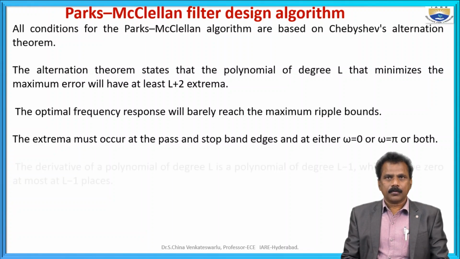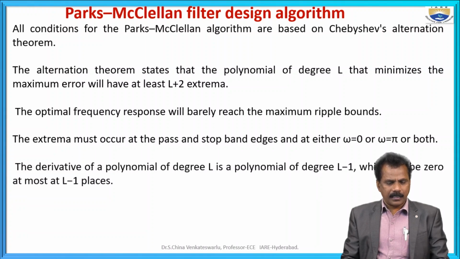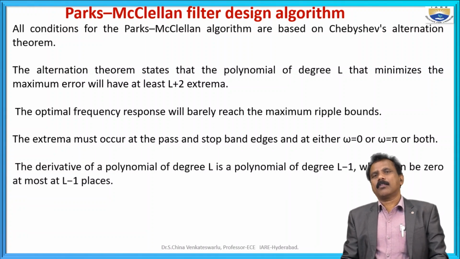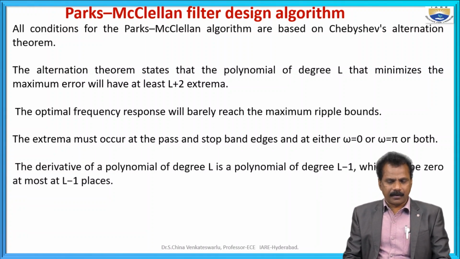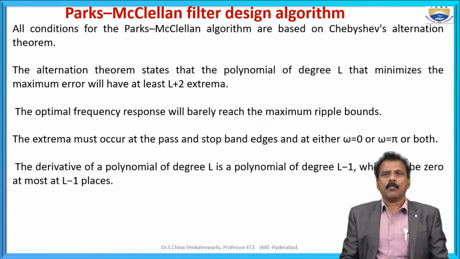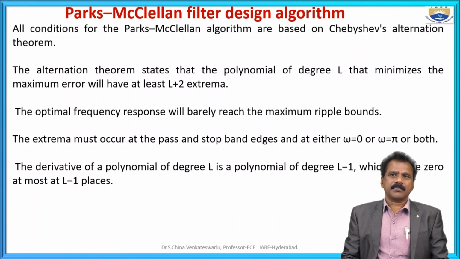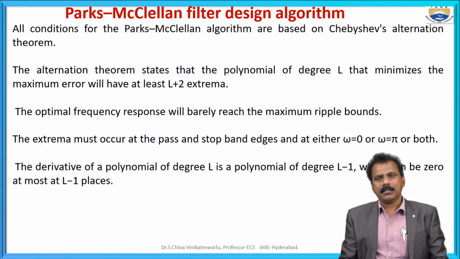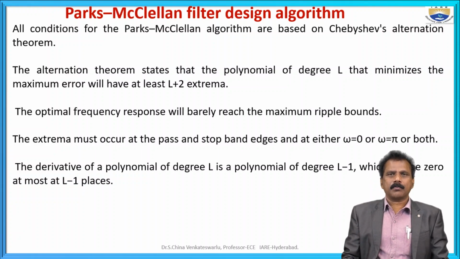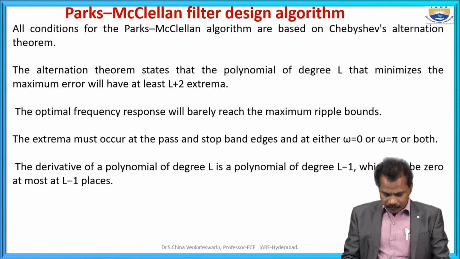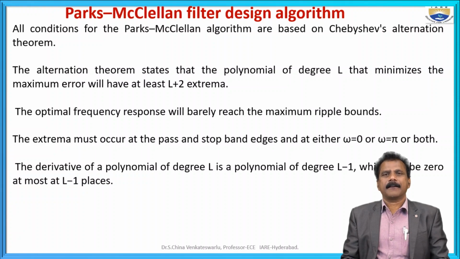The derivative of a polynomial of degree L is a polynomial of degree L minus 1, which can be 0 at most at L minus 1 places. Here it is specified which can be 0 at most at L minus 1 places.